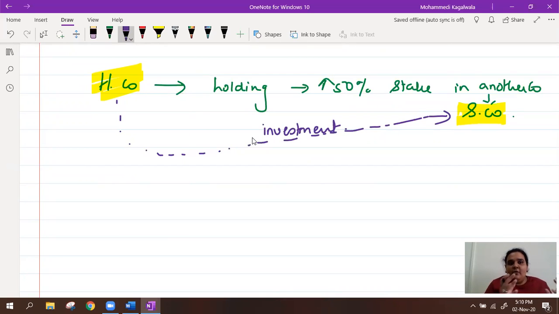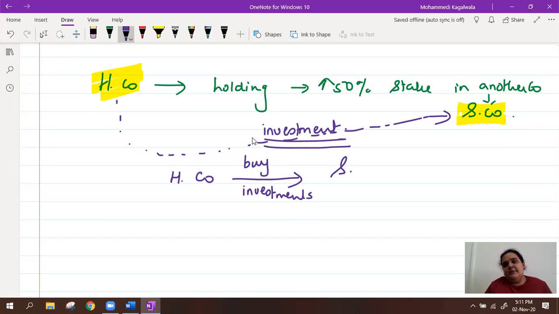So they hold a majority of the stake in the subsidiary company, either in the form of shares or voting rights, etc. Say the holding company has bought investments in the subsidiary company. When you buy, you have to pay a purchase consideration, the cost of investment.